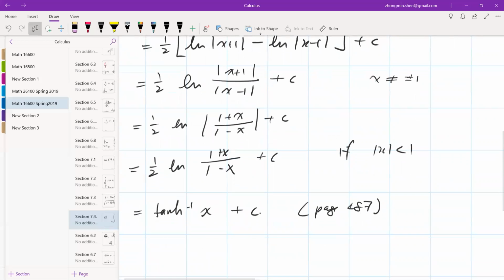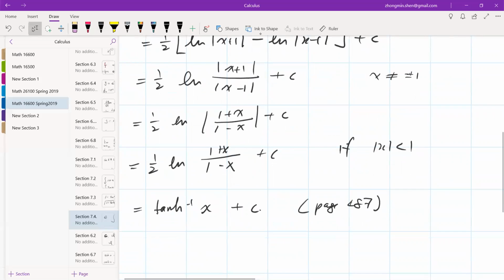Now I record the formula. The derivative of the inverse hyperbolic tangent x is going to be 1 over 1 minus x squared.